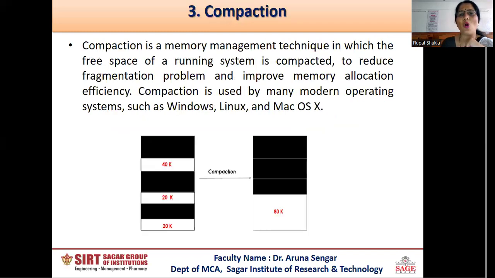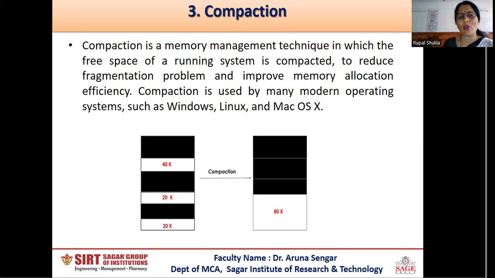Next technique is compaction. This is also a technique by which the operating system manages memory, and compaction is used by many modern operating systems like Windows, Linux, and Mac. As you can see in the picture, we have a memory space where the black area is used space and the white area is free space. But it is not in contiguous form, it is fragmented.